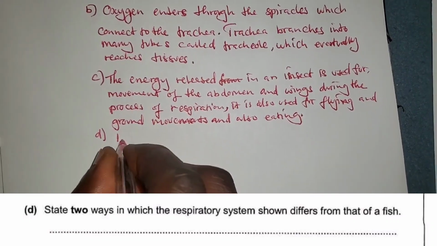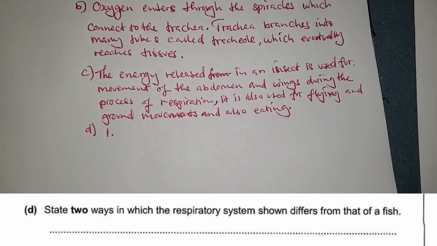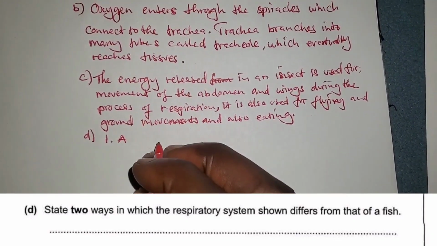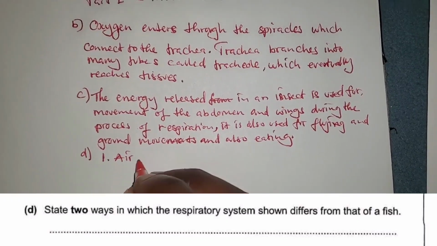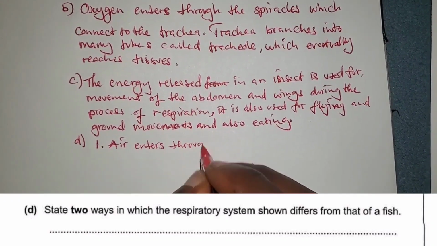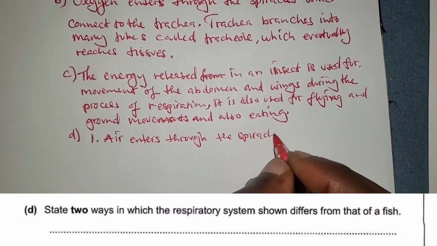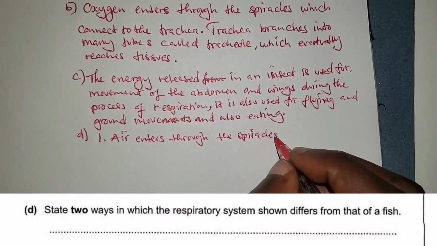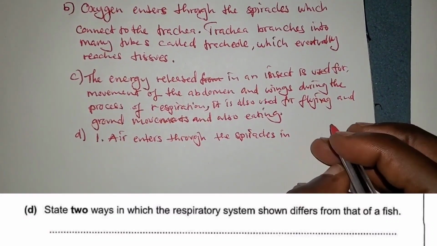Number one, you can say in insects, air enters through the spiracles.